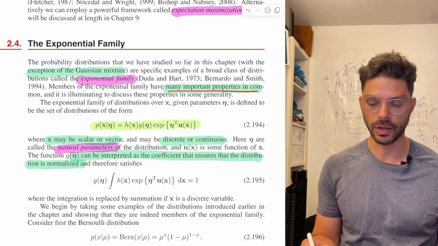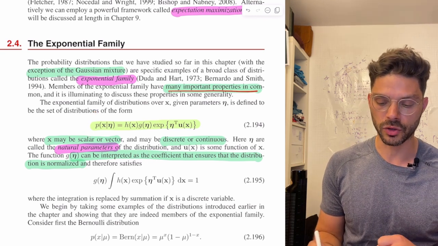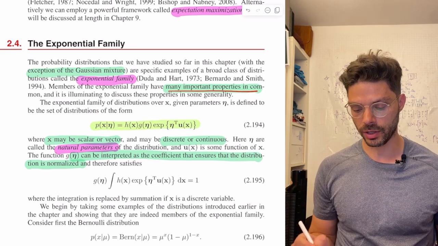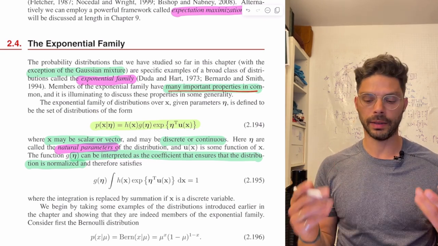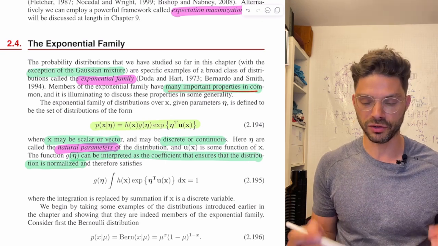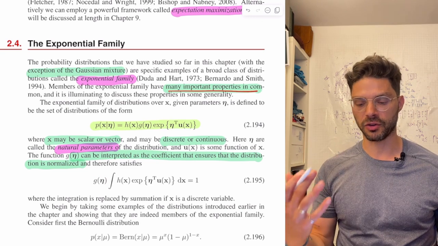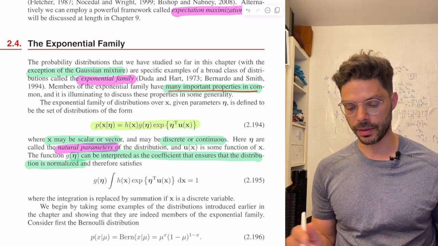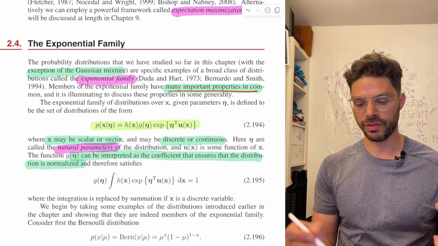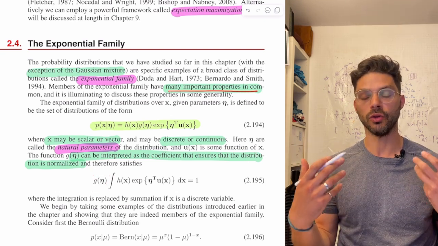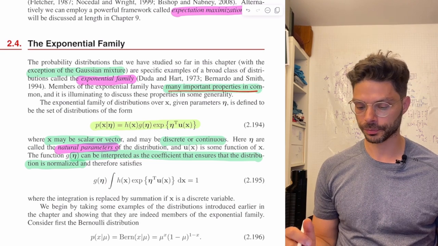If you didn't have this g of eta, a function of eta, then it won't integrate to 1. So you just think of it as a normalizing constant. But again, it's very special. For the exponential family, these normalizing constants have very useful properties that we'll touch on.